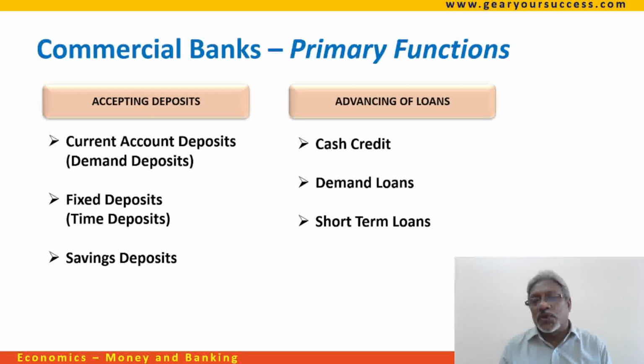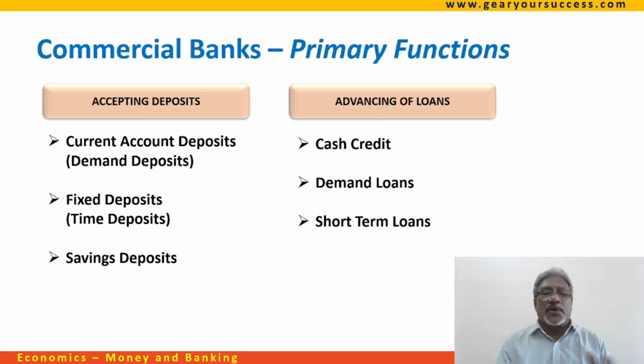The banks also give short-term loans. Most commercial banks give short-term loans. They don't give loans for 5 years or 10 years, very rarely, unless it's a huge investment project. Banks give these kinds of credits or loans.